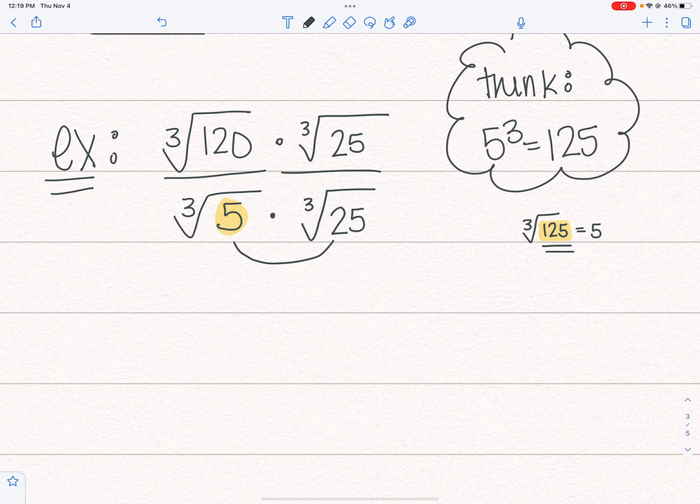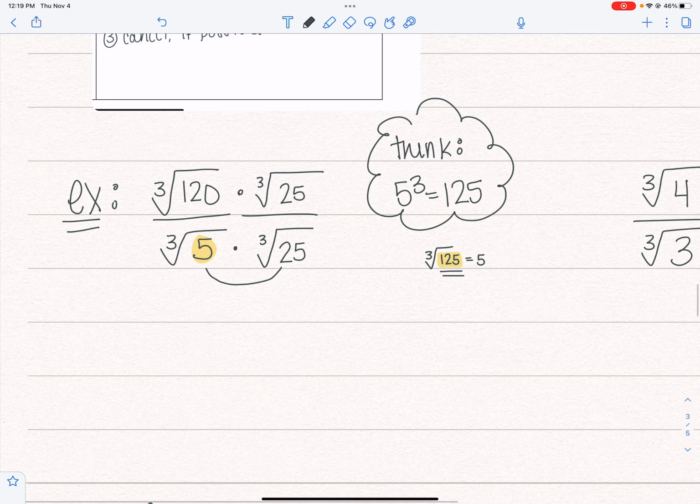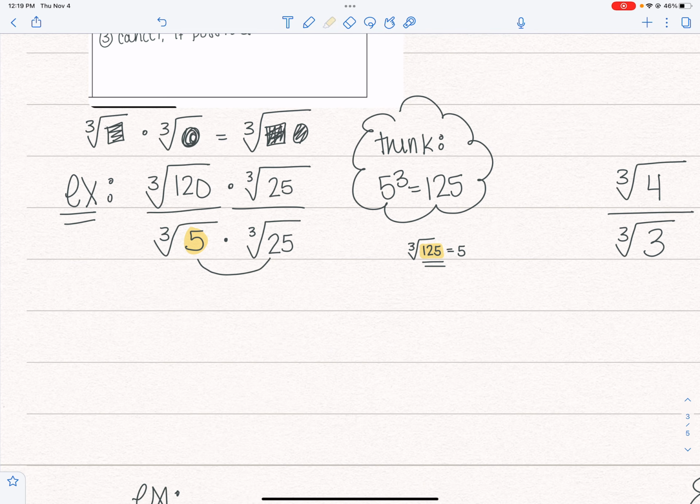Now, as long as I multiplied top and bottom by the same thing, I'm good to go. So I'm going to use the property, and the property says the cubed root of something times the cubed root of something else equals the cubed root of those two things multiplied together. So I'm going to do that here.